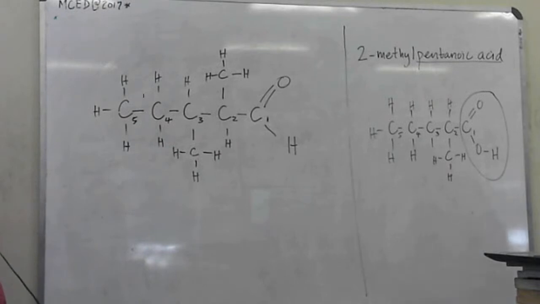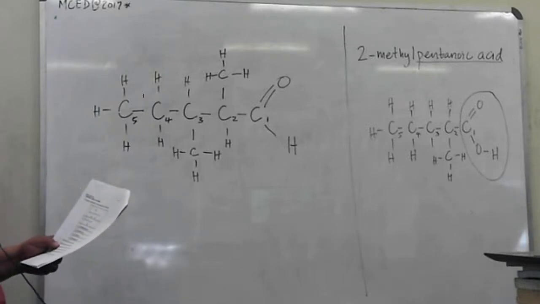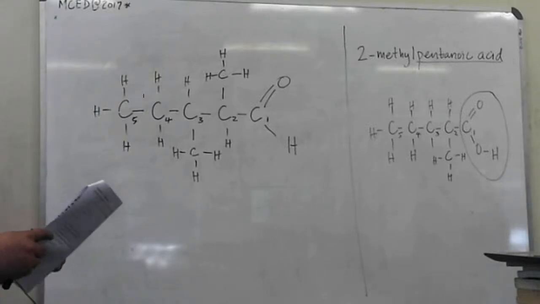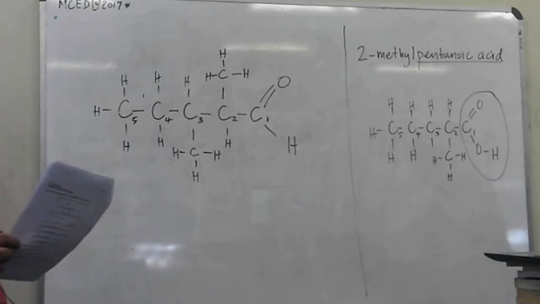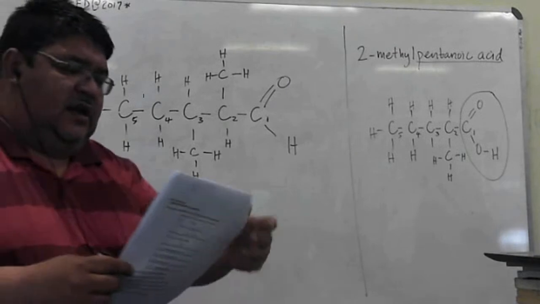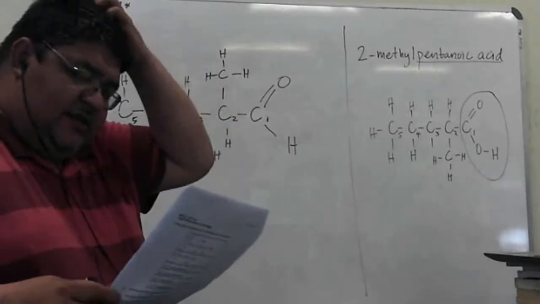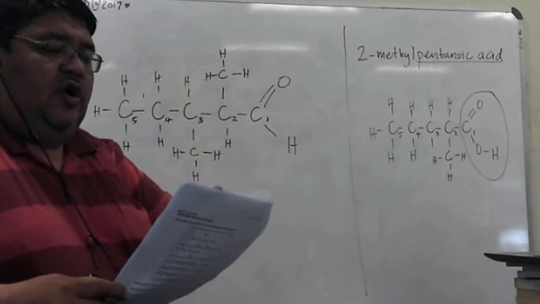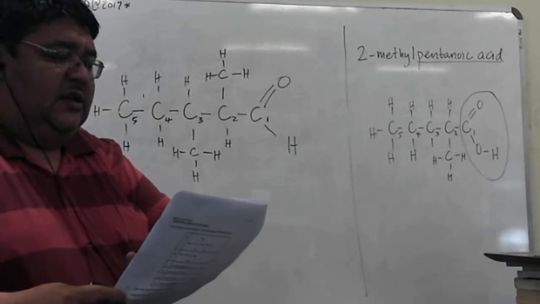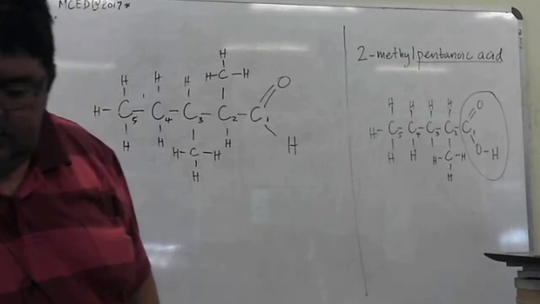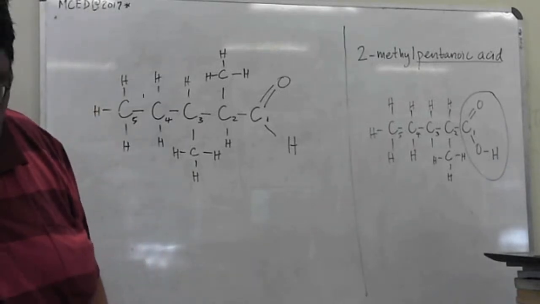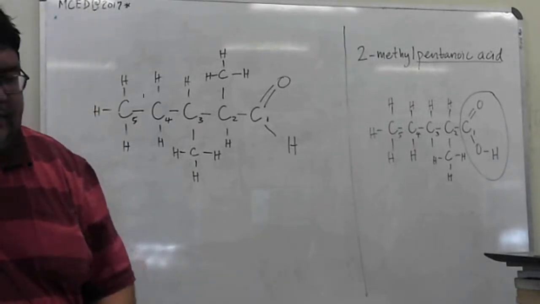So that is 2,3 dimethyl pentanal. That is an aldehyde. We've done the first 3. So for number 4, 16 marks, I'm going to give you 13 minutes to do question 4 on the worksheet, page 7 of 10.